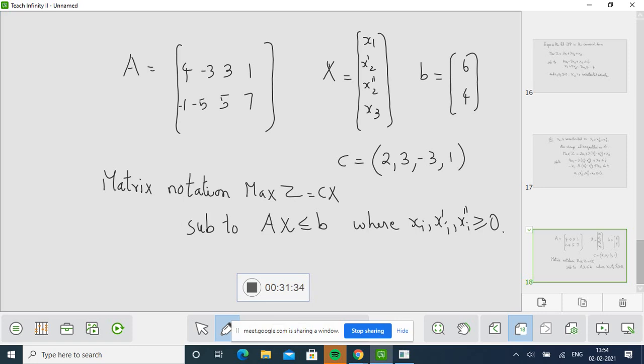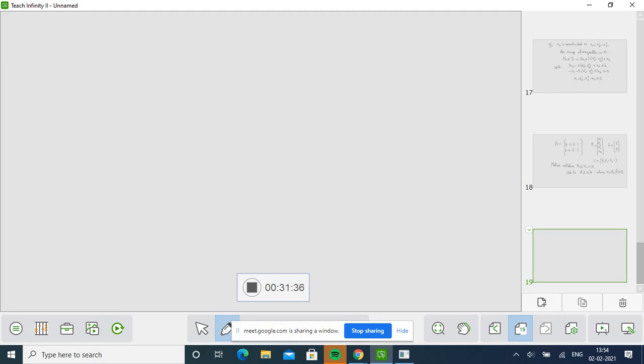Yes. Now, express the following LPP in the standard form.